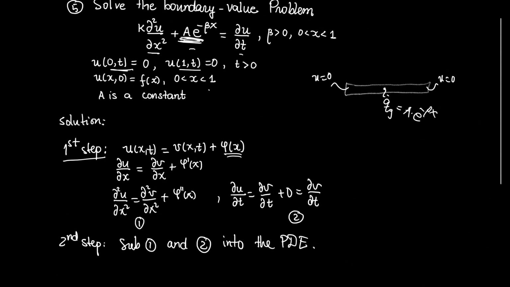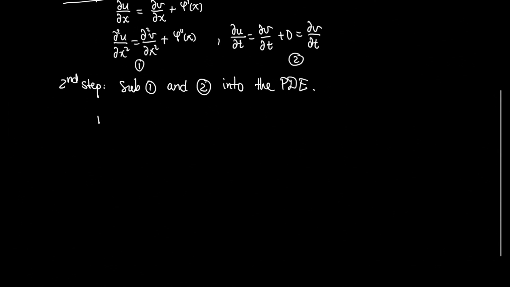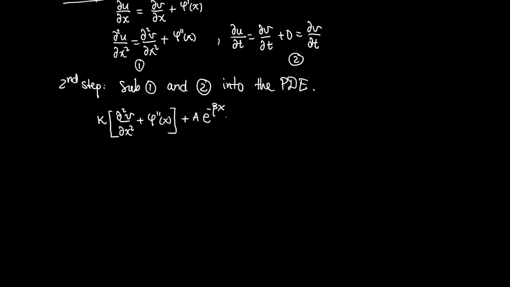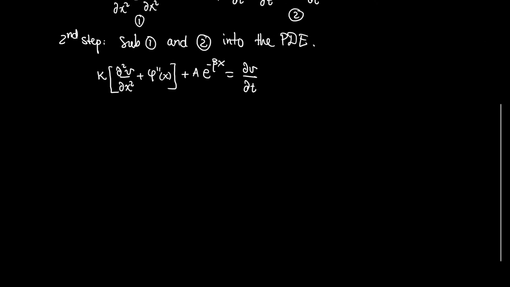Okay, but doing that you have k. Second derivative is gonna be, you need to sub 1 plus a has to be equal to delta t, like that.